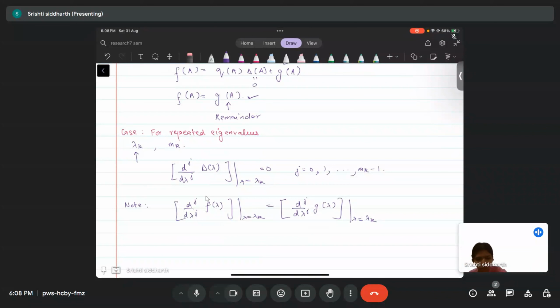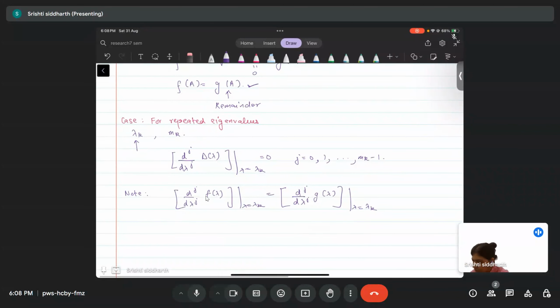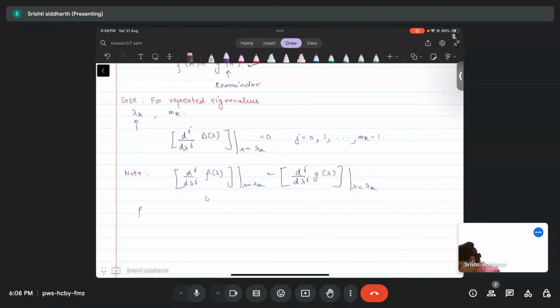So this is how you find the coefficients beta with respect to the repeated eigenvalues lambda k. And then you can just solve for those unknown betas: beta 0, beta 1 up to beta n minus 1, and say that f of A is g of A, and this is simply beta 0 plus beta 1 lambda up to beta n minus 1 lambda to the n minus 1.